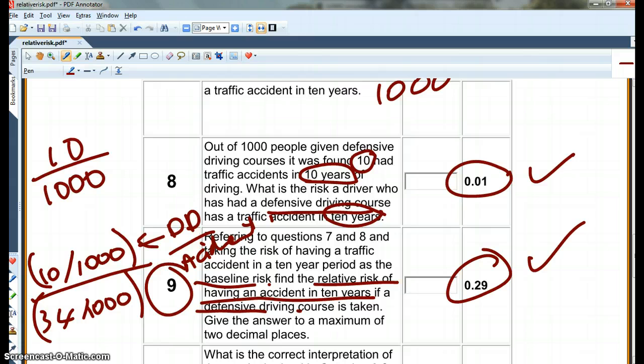So you know, some of these people might have had a defensive driving course as well. So that's actually confusing in that. Like very. But let's have a look at the wording here.